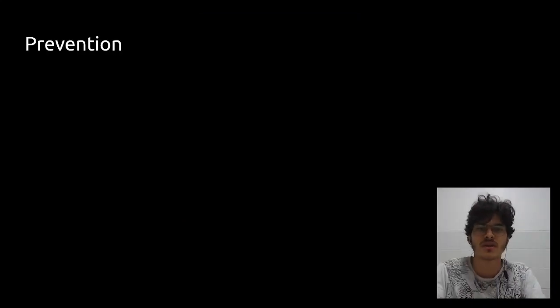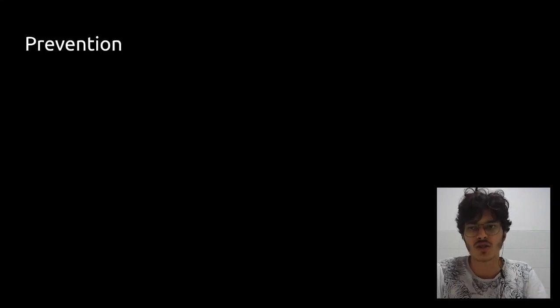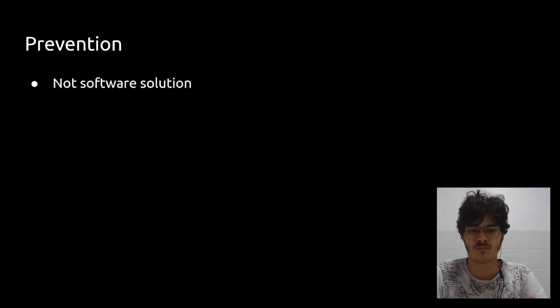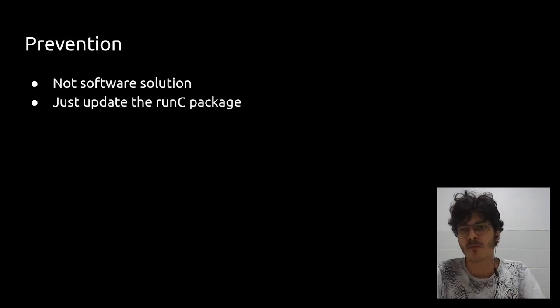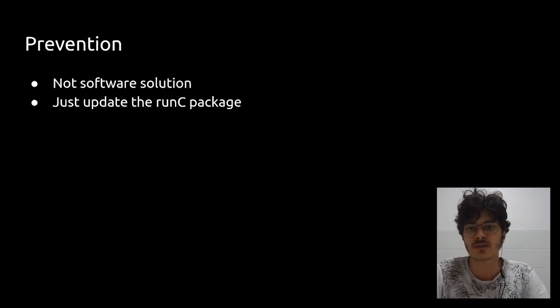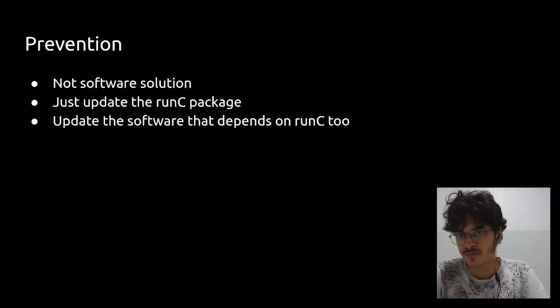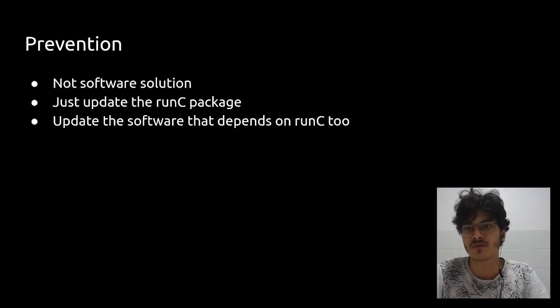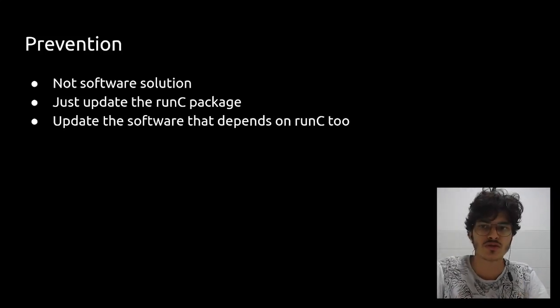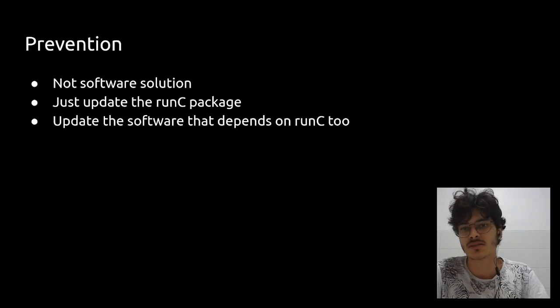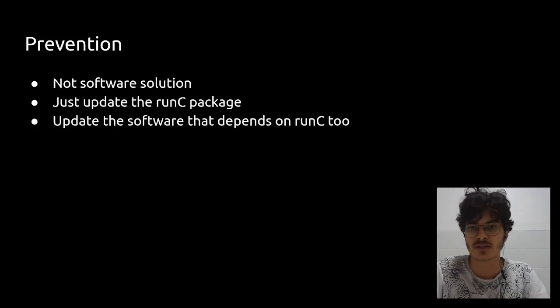So how can we prevent it? Unfortunately, there are no software mitigation countermeasures, and the most common way to solve this is to update the runC package. And if you use software that depends on runC, update it too.